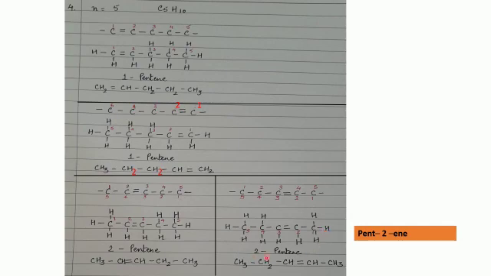The name of the compound will be the same, because here also the numbering will be from right side to left. 2 and 3, you can see that the double bond is present. Out of these two numbers, 2 is smaller, so we will use 2-pentene or pent-2-ene. Formula can be written as CH3 single bond CH2, single bond CH, double bond CH, single bond CH3.